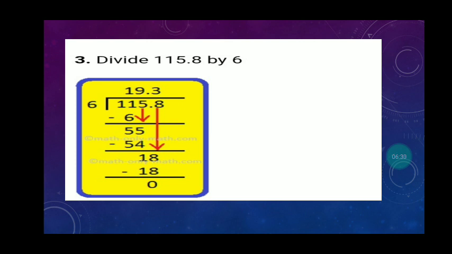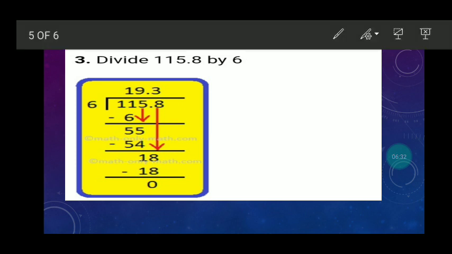Put the decimal in the quotient, because here is a decimal number. And again take 8 as a remainder. So we get 18. 6 threes are 18. So we get 0 easily. So what I'm saying is that until we get 0 as a remainder, we have to divide this decimal number.